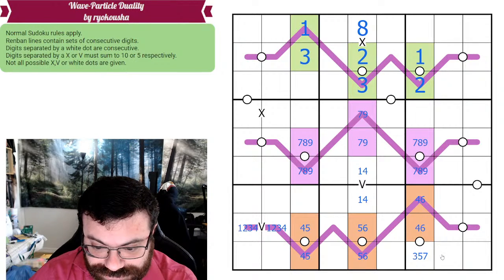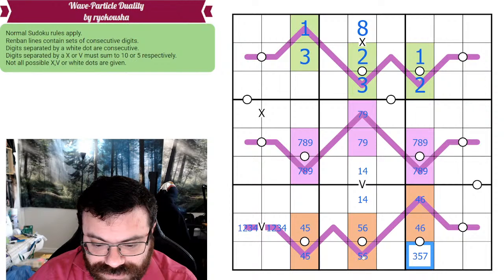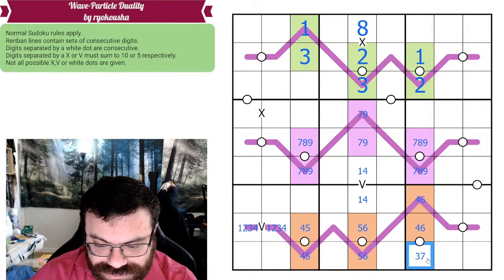Can at least say that. If it were 5, that would put 6, 5 there and 4, 5 there. That's not going to work, so it's not a 5.